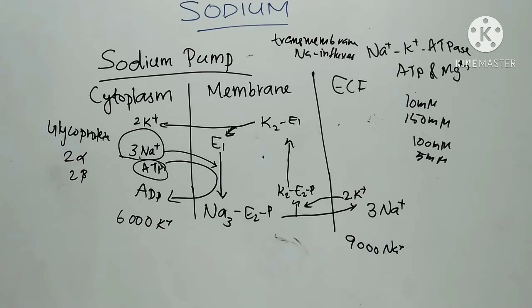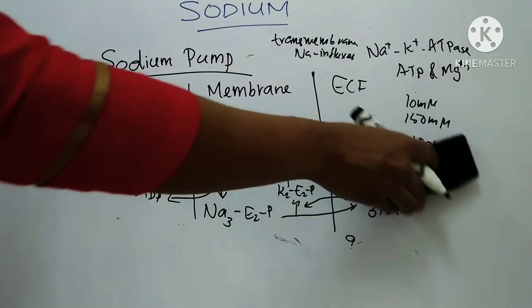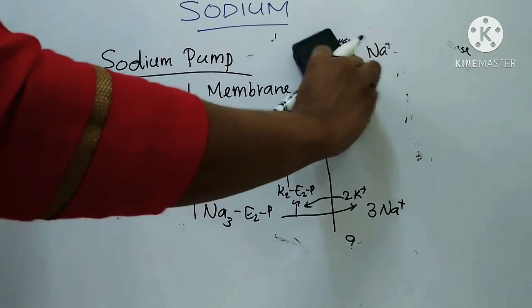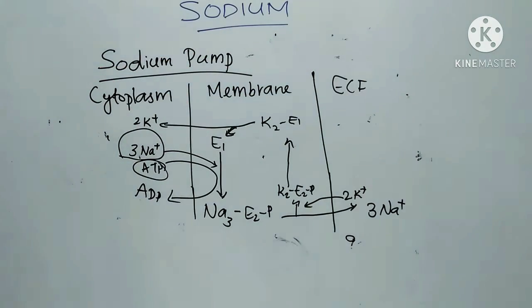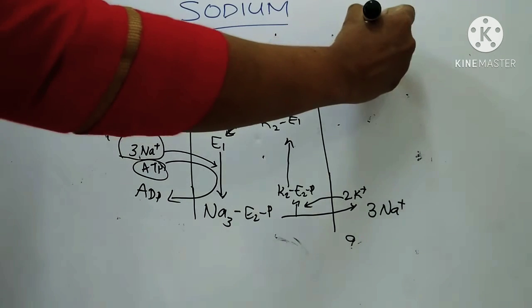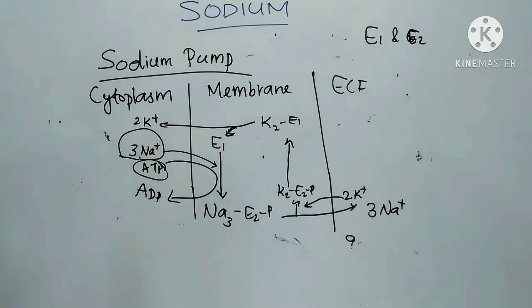So let's see the forms of the sodium pump and its mechanism of action. Sodium potassium ATPase exists in 2 forms, that is E1 and E2.